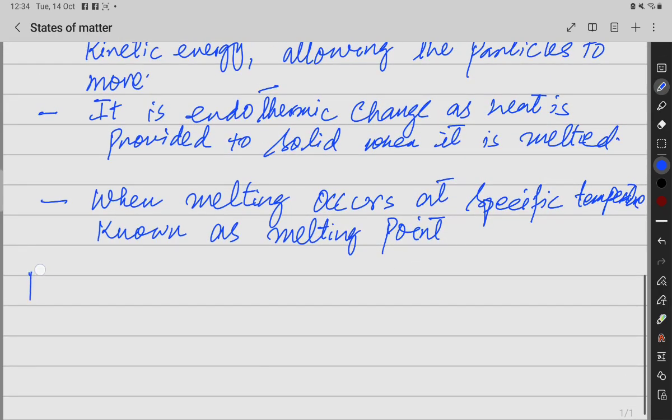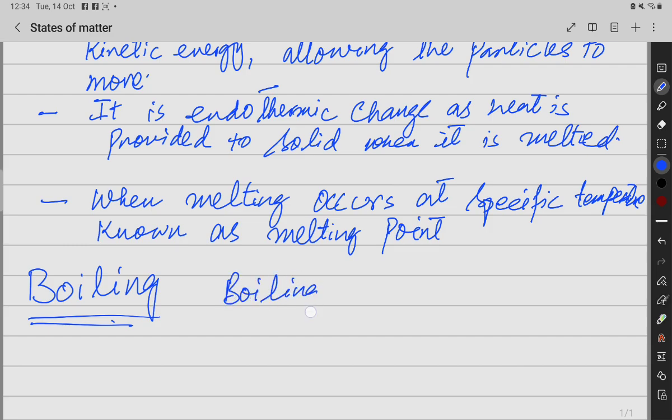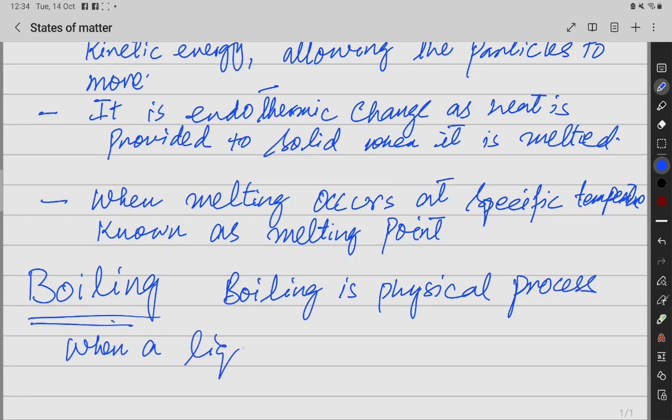Next is boiling. Boiling is the physical process when a liquid changes into a gas.